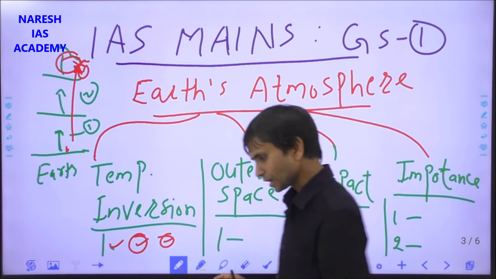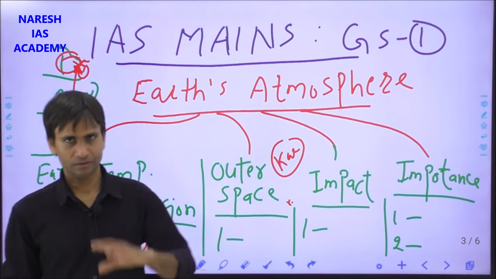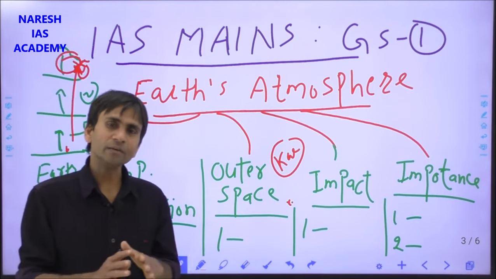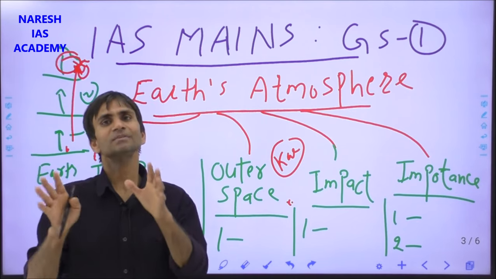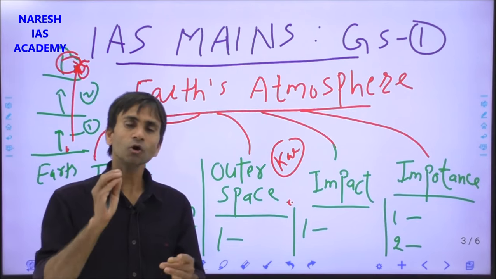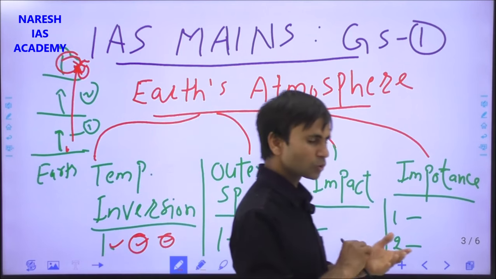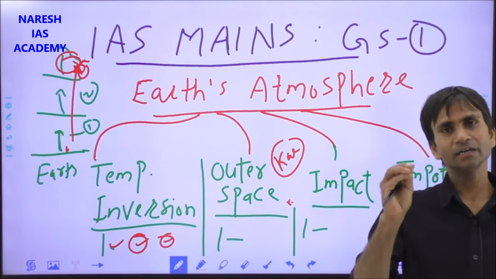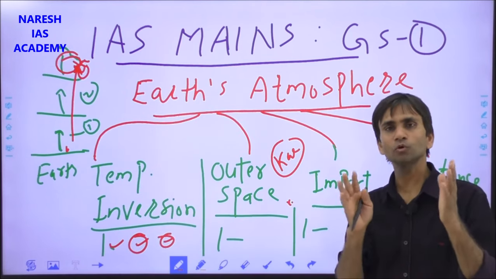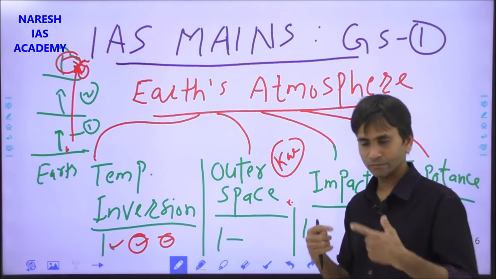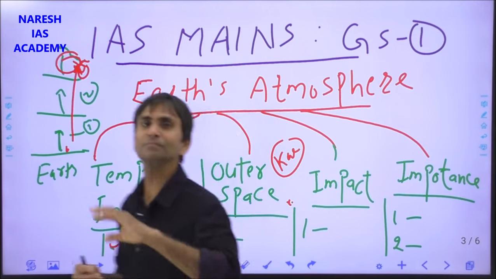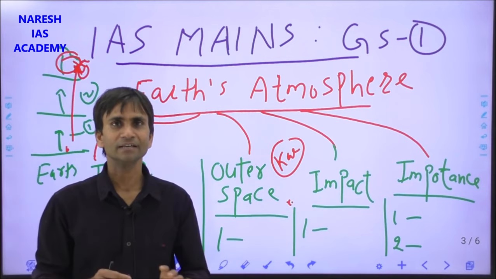And ozone depletion: due to human activities, ozone depleting substances have damaged the ozone layer, resulting in the problem of the ozone hole. However, now we have overcome this problem to some extent.